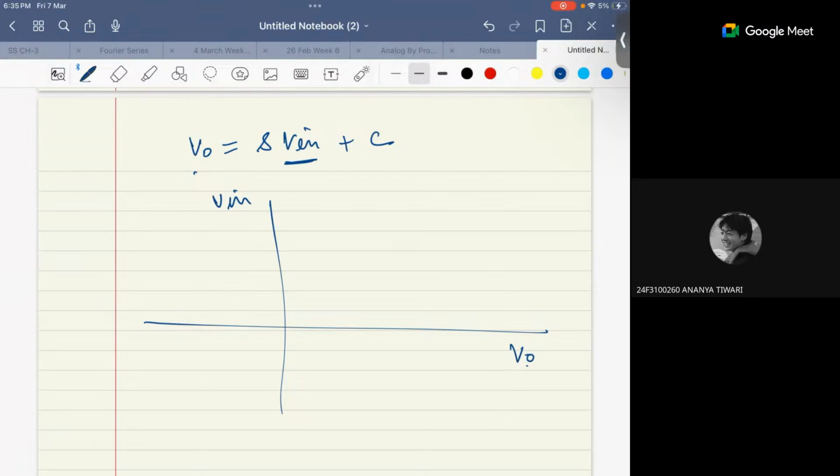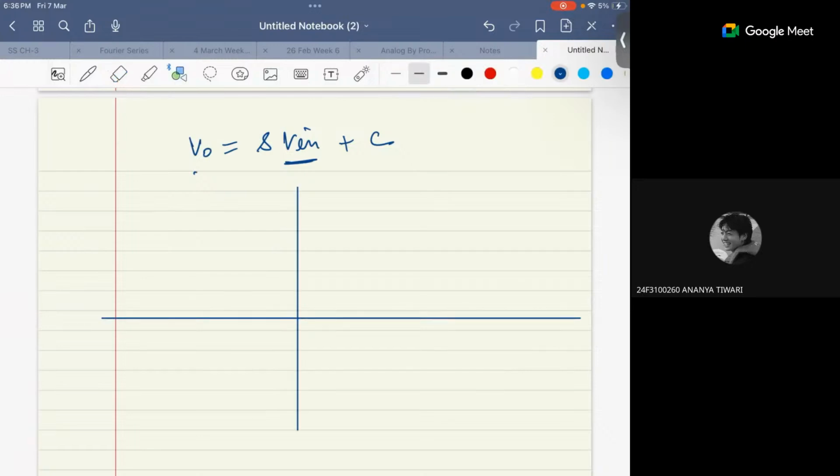Let's write V input from 0 to 3 volt, then it changes to 9, then 30, and then 150. Correct? So from 0 to 3 volt, the output was 3 volt only, right?